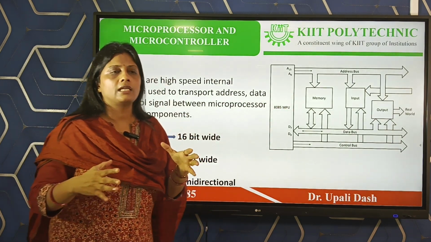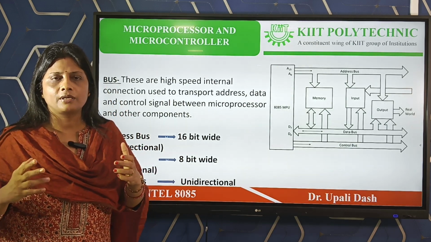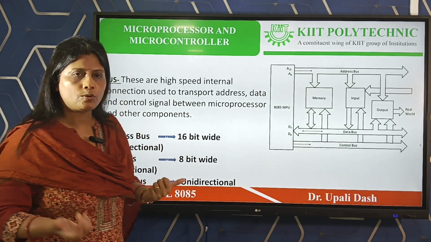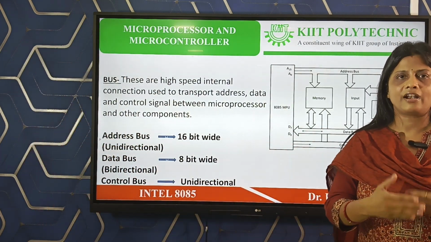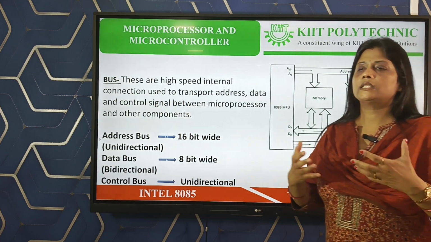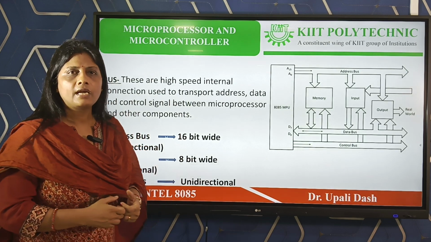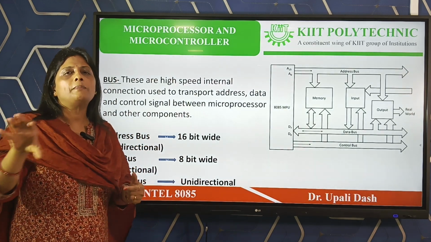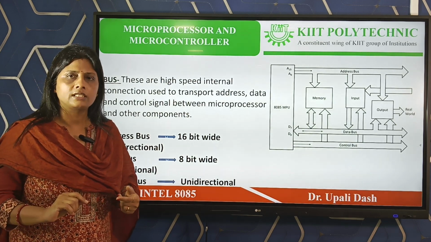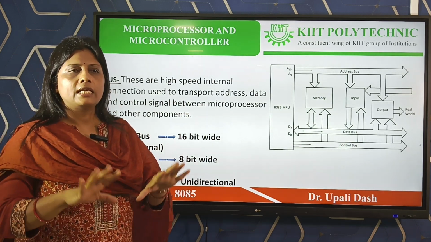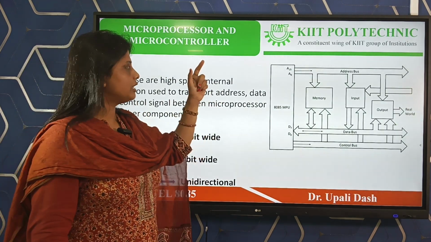So how are they connected? We connect with our friends through our emotions and our friendship, but a machine will not understand emotion and friendship. It has to connect with its best friends, or the peripheral devices as we call them, by the buses. Buses are nothing but a transportation system from the processor to the peripherals. Now the peripherals are three: memory, input device and output device. So the processor has to communicate with these three, and to connect we have three buses.